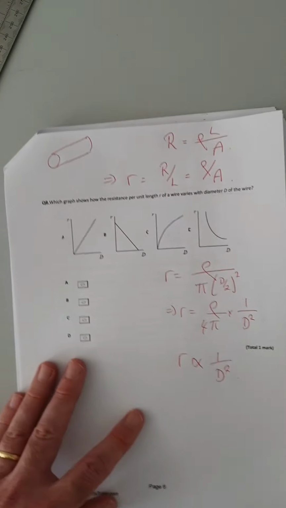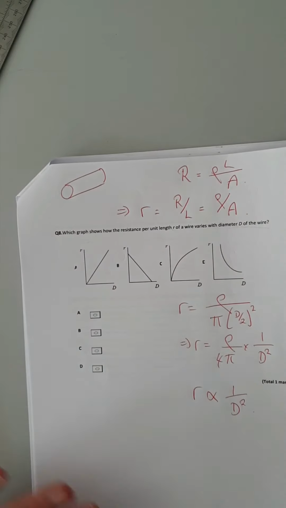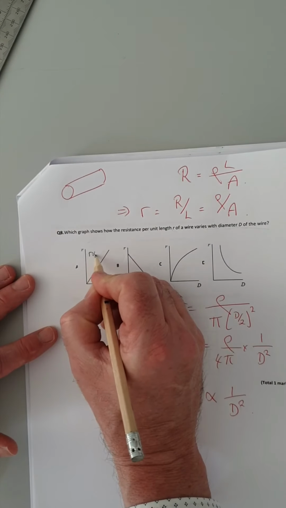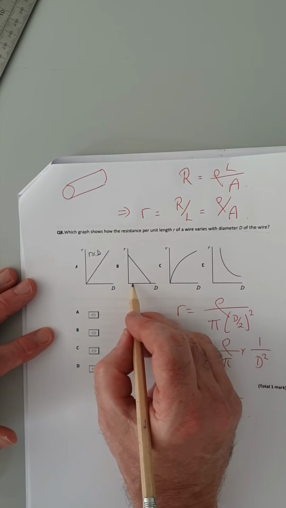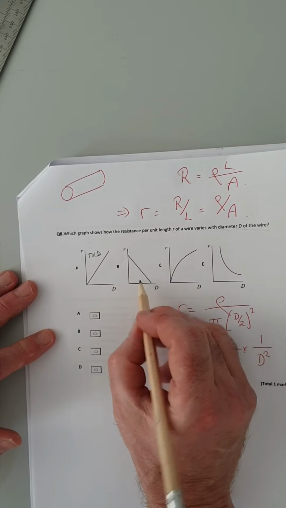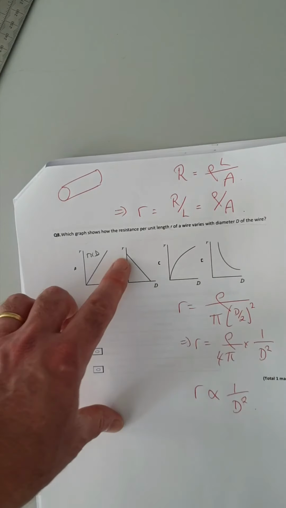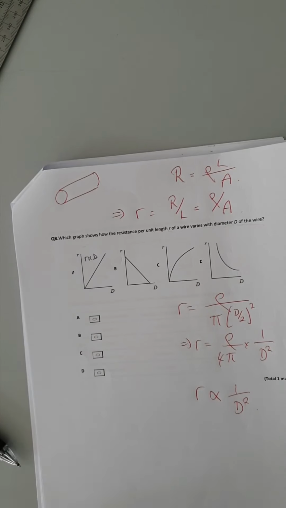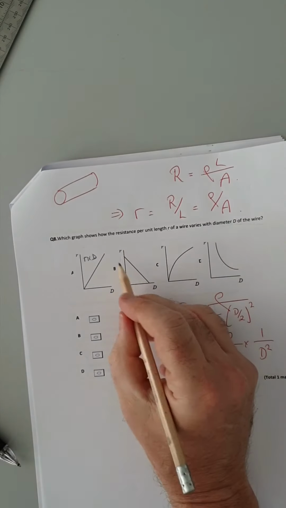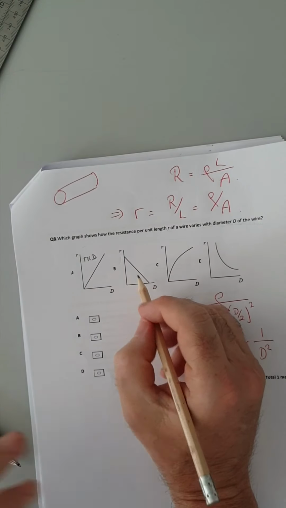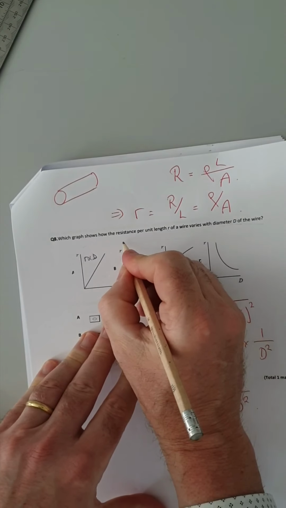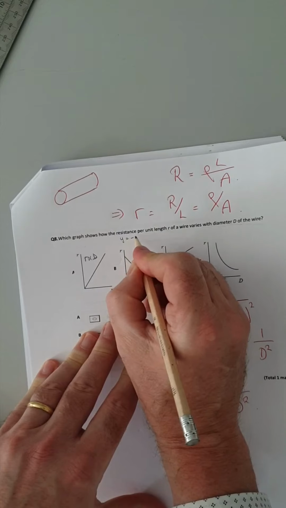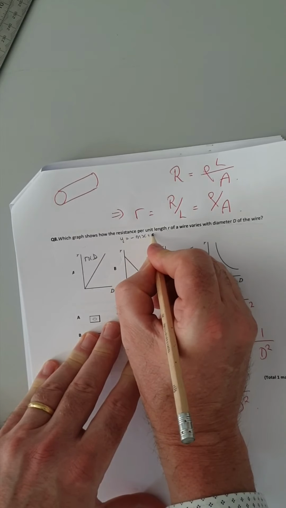So if we look at these, this first one is a direct relationship. This is saying that R is proportional to D. This one is saying that as D increases, R decreases. So this is also a straight line, but the gradient is negative, so this is going to be in the form y equals minus mx plus c.